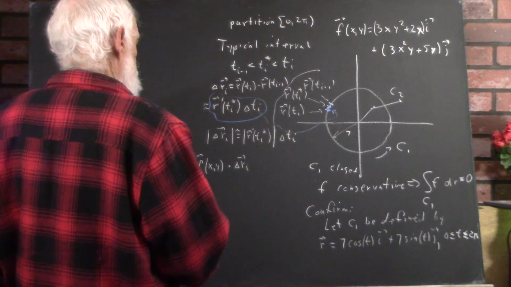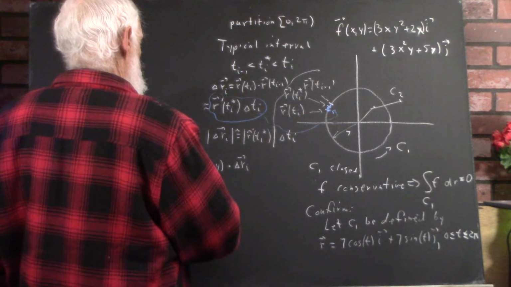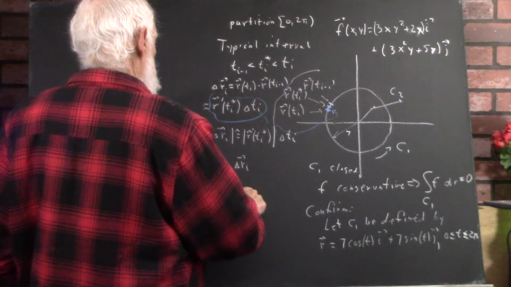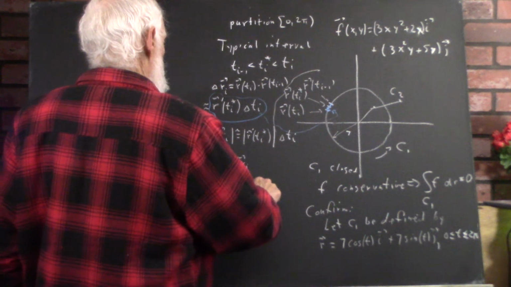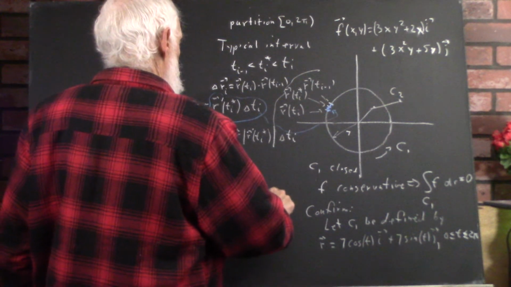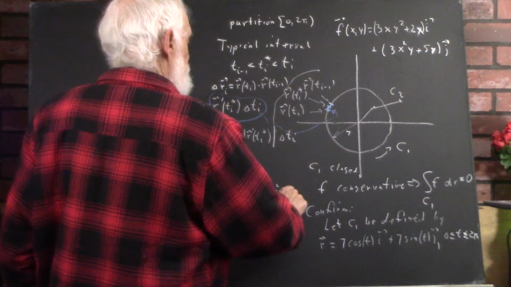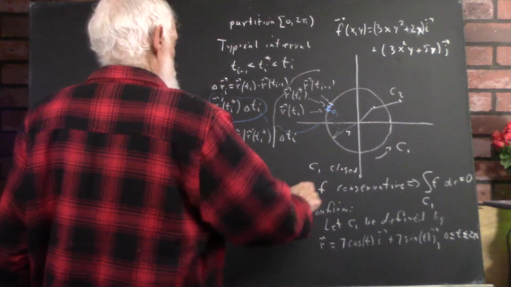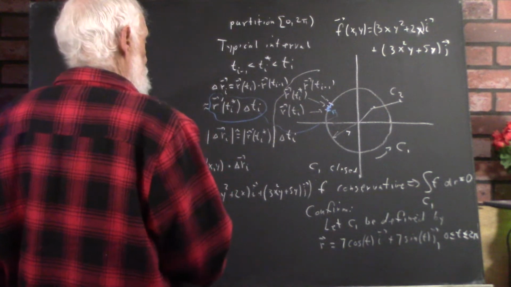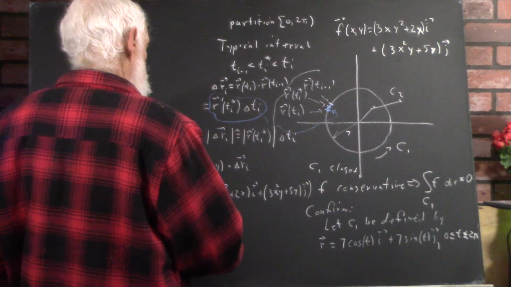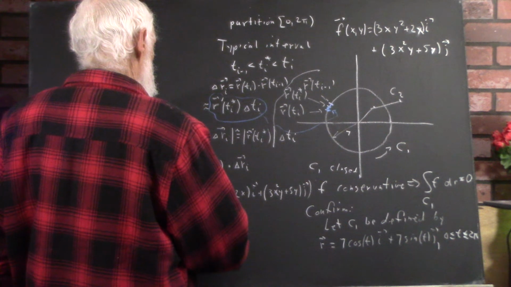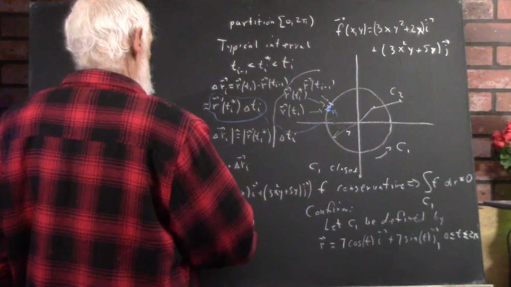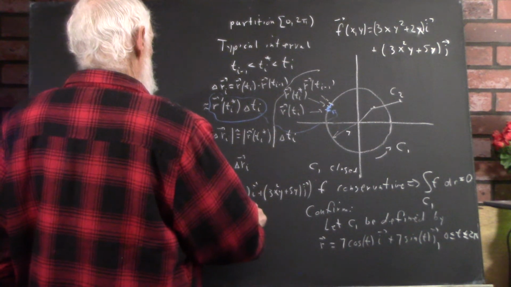So this is equal then to 3xy squared plus 2x i plus 3x squared y plus 5y j dotted with r prime of t sub i star.